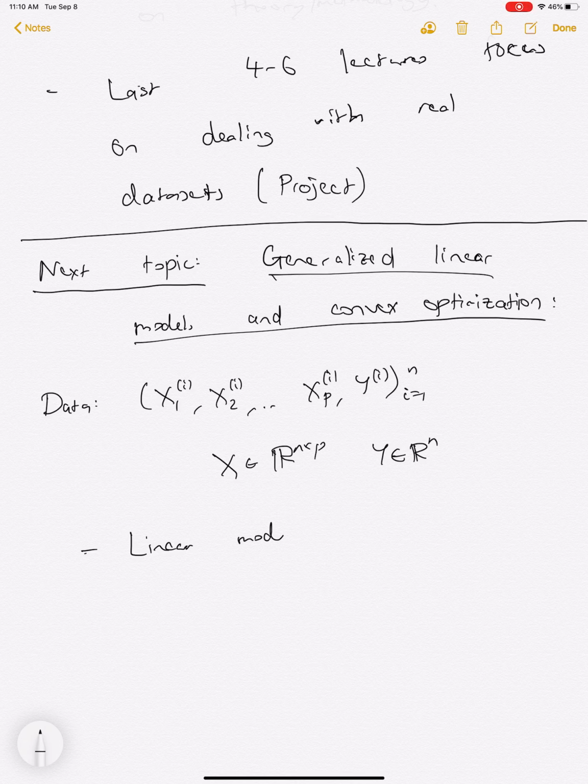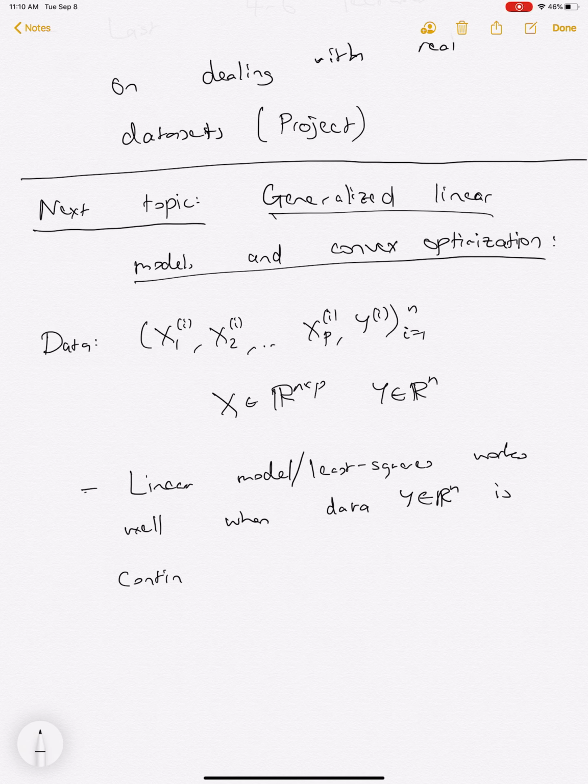But then the question that we're interested in here is that the linear model or least squares works well when data y is continuous, spans the whole real line, and is close to normally distributed.